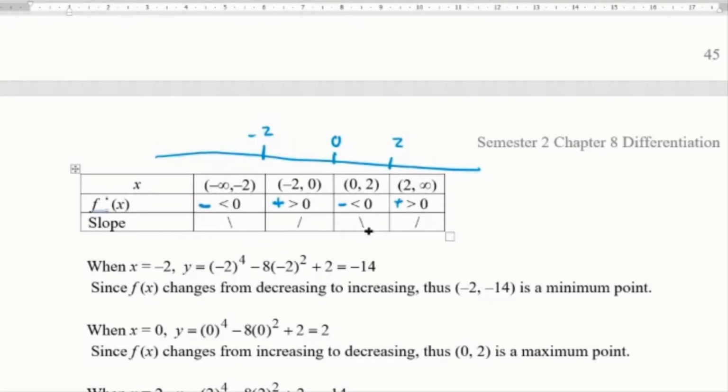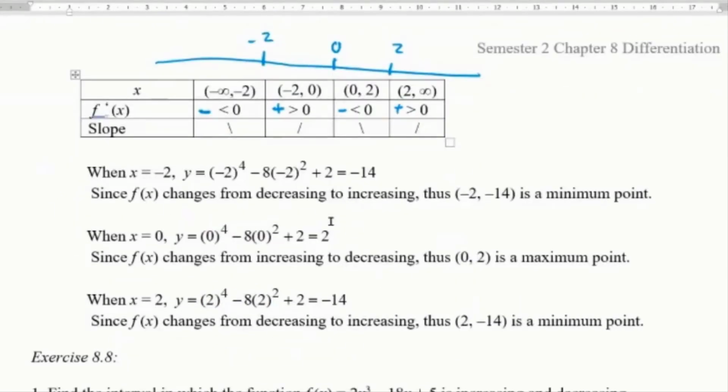Then you sketch this to show the working step. A diagram can be considered as a working step. Okay, now you have 3 critical points. One by one you look at them. First you look at -2.